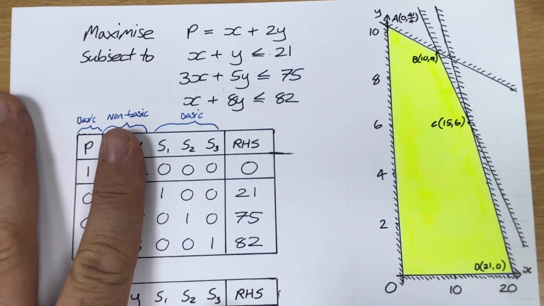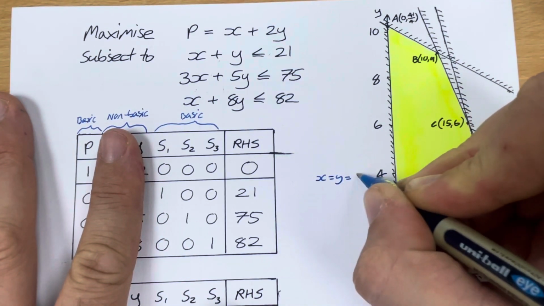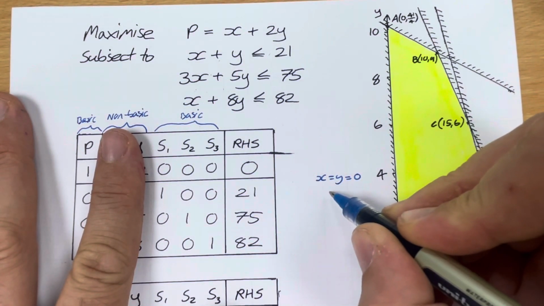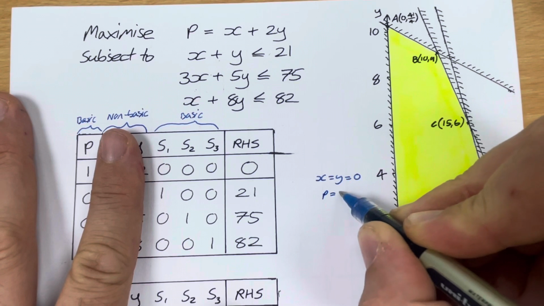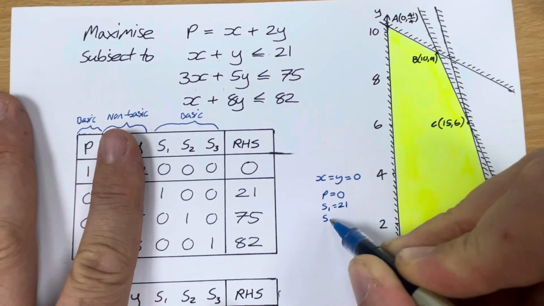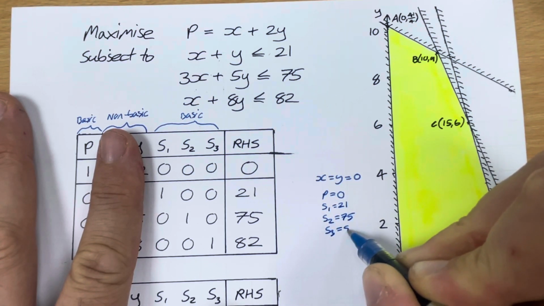That's where we are at. So if x equals y equals 0, that's our choice, because we are free to do that, because we have 2 degrees of freedom, then that locks in the others as being P equals 0, S1 equals 21, S2 equals 75, and S3 equals 82.